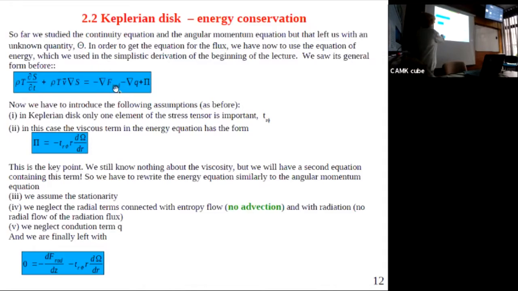We'll concentrate on that part, and here you have radial derivatives of the radiation flux and vertical derivatives of the radiation flux. And because the disk is thin, vertical derivatives are much larger than radial derivatives, because everything changes in the distance, which is really small. We'll discuss this in more detail during the next lecture.